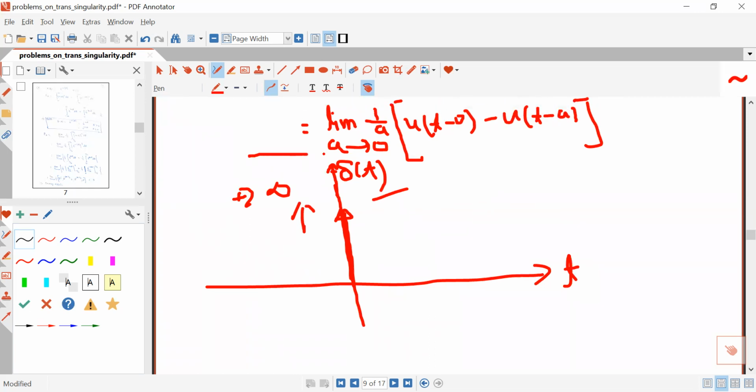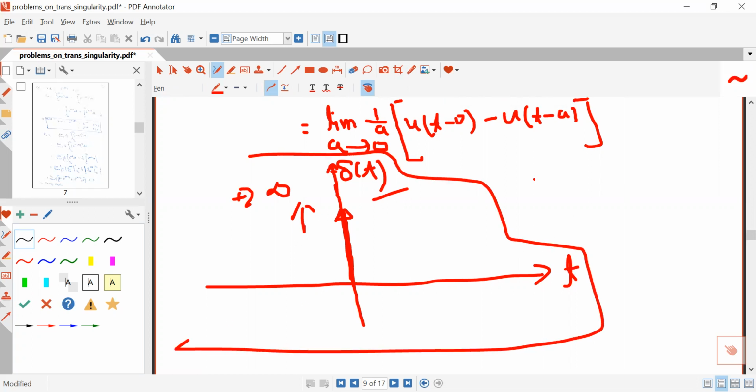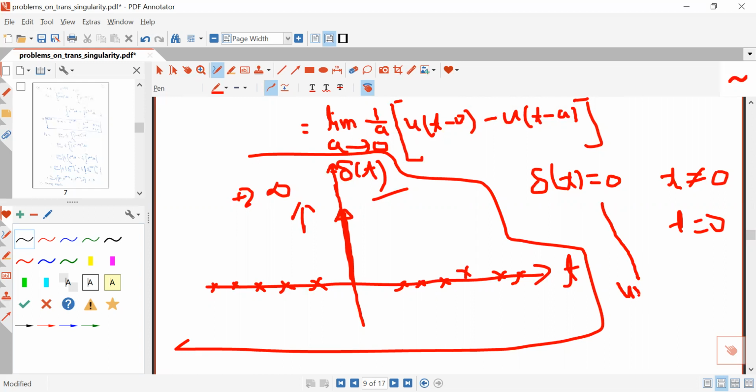And mathematically, you can express the impulse signal as: delta(t) will be equal to 0 everywhere, for any value of t the amplitude of the impulse signal will be 0, and at t equal to 0, its amplitude is not defined, or undefined.